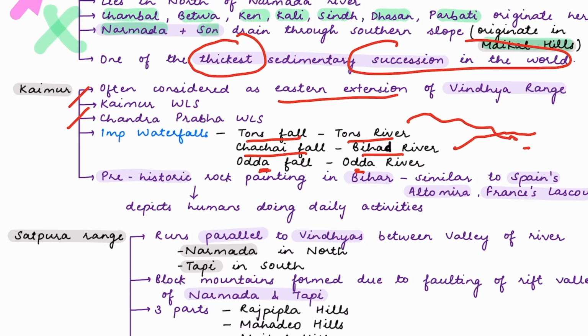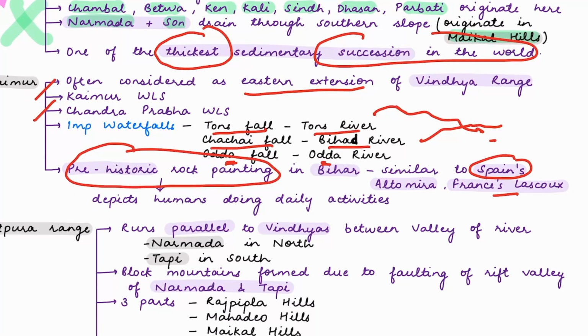Also, the Kaimur are very important for the prehistoric rock paintings found here. These paintings are very similar to the Bhimbetka caves, and they have also been compared with Spain's Altamira and France's Lascaux caves.